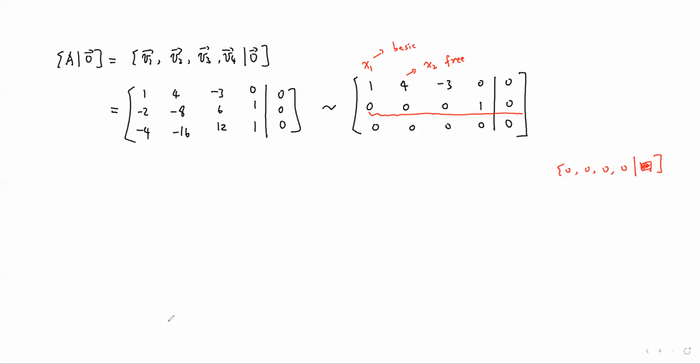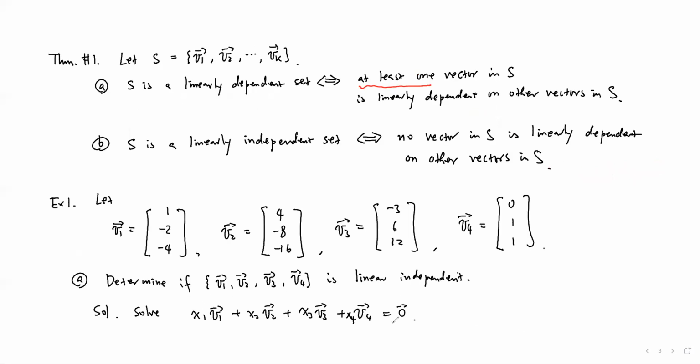So because the system has free variables, the linear system has a non-zero solution, a non-trivial solution. Therefore, this vector equation has a non-trivial solution.